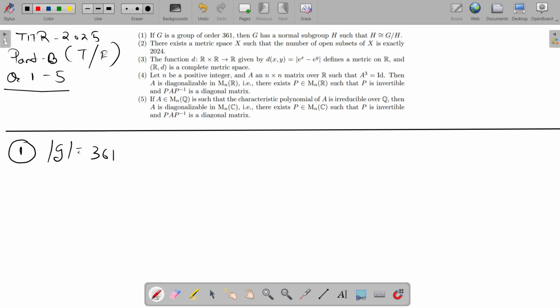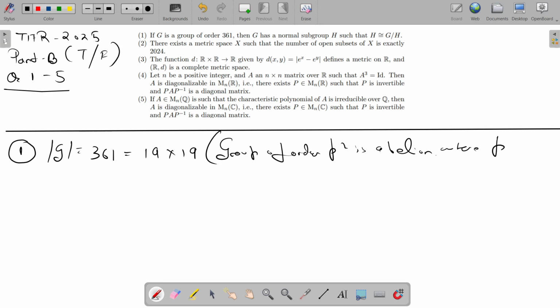So we know 361 is 19 squared. Since 19 is prime, we know a group of order p squared is abelian, where p is prime.